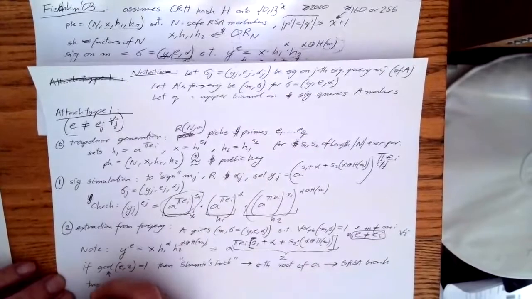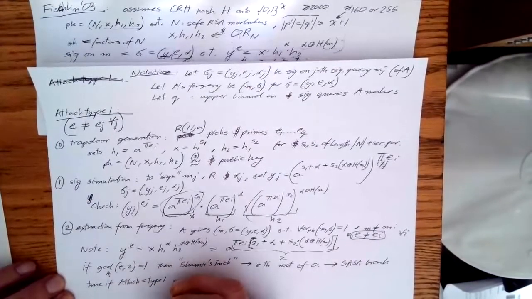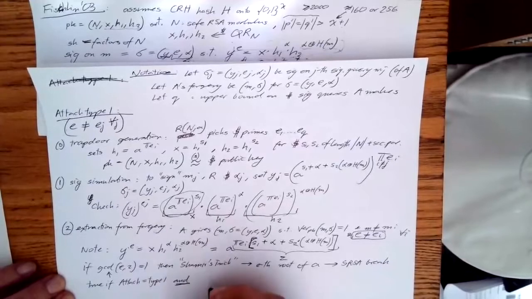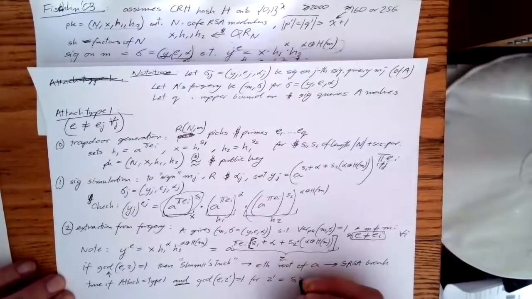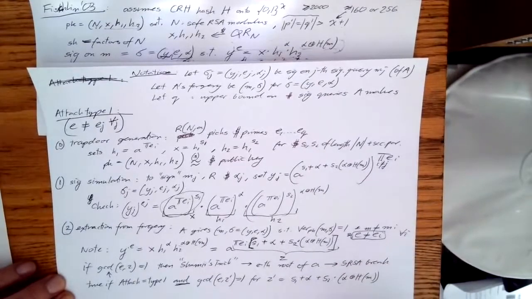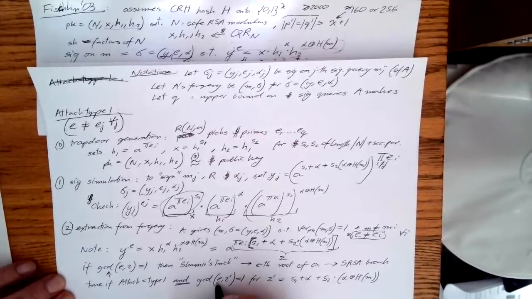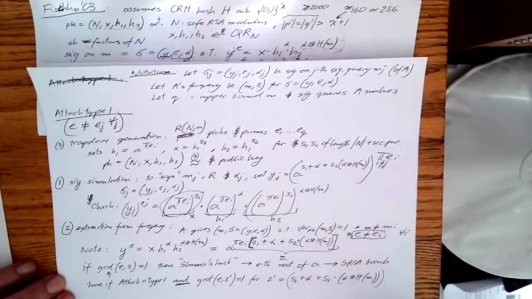this is true if attack is type 1 and GCD of E and Z prime is 1 for Z prime equal to S1 plus alpha plus S2 times alpha XOR hash of M. So, well, why should that adversary choose E to be co-prime with this value?